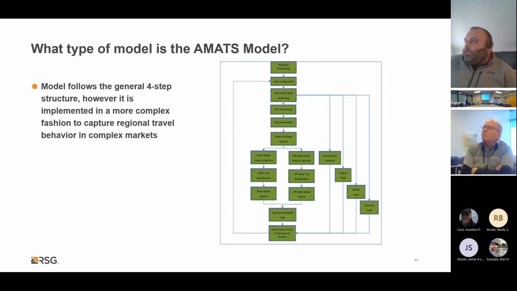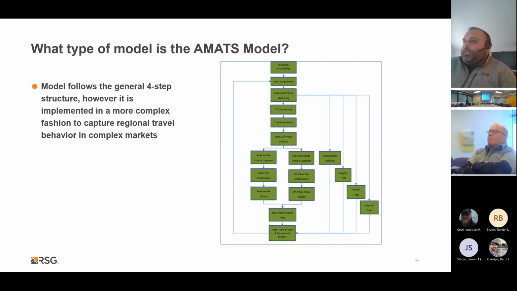So what is the format of the AMATS model? The model follows a general 4-step structure, but it's implemented in a much more complex fashion to capture regional travel behavior in more complex markets. We start with a network processing step, where we're calculating things like the capacities, the speeds along the roadway, and the intersection capacity.